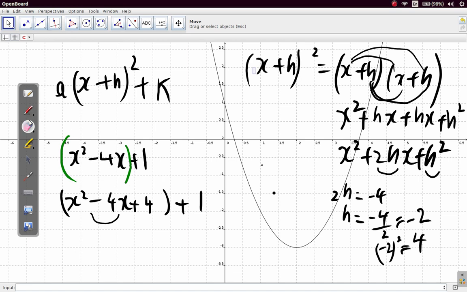But instead of saying plus 4, let us just write it as plus negative 2 squared. Now that you added negative 2 squared to the function, it has changed. So you need to remove it outside the bracket.